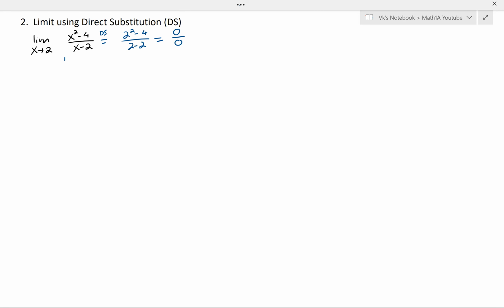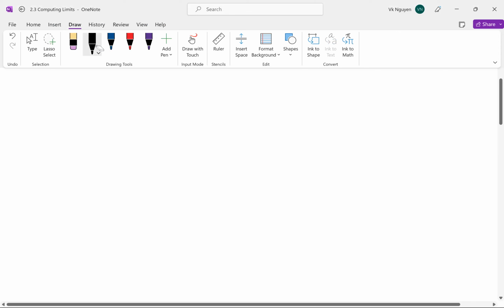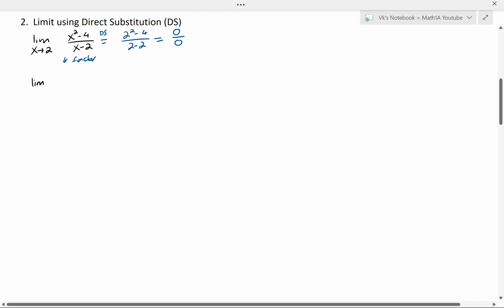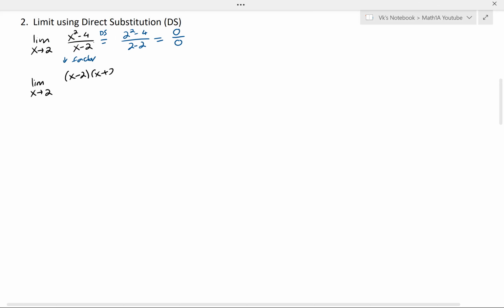However, we can factor the expression. And if we factor the expression, then we have the limit as x approaches 2 of x minus 2 times x plus 2, and down here is 1 times x minus 2.